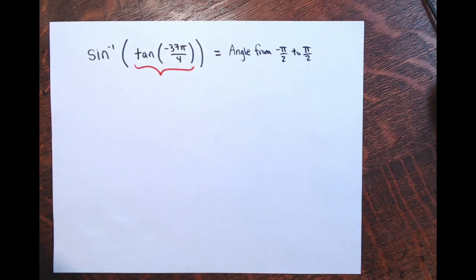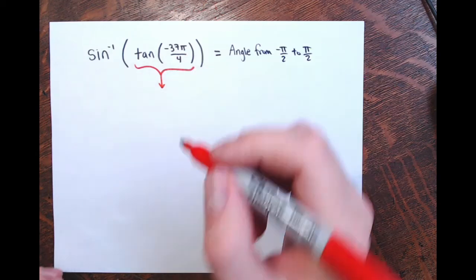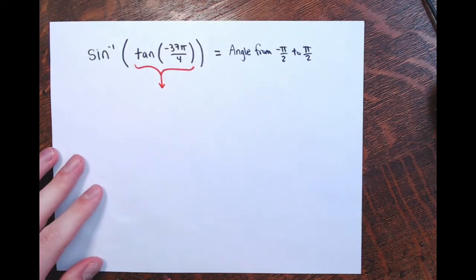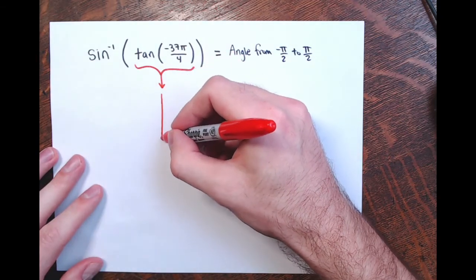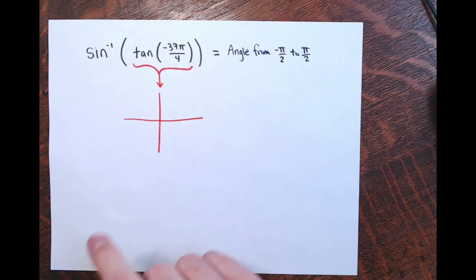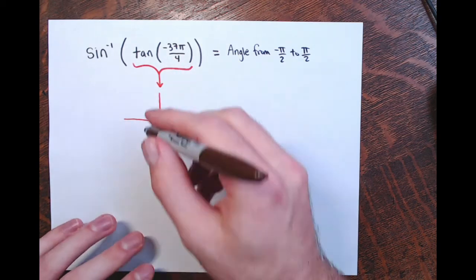All right, so first let me find this. What is the thing on the inside there? What is that tangent of negative 37 pi over 4? All right, so I'm going to draw negative 37 pi over 4, that angle in standard position.